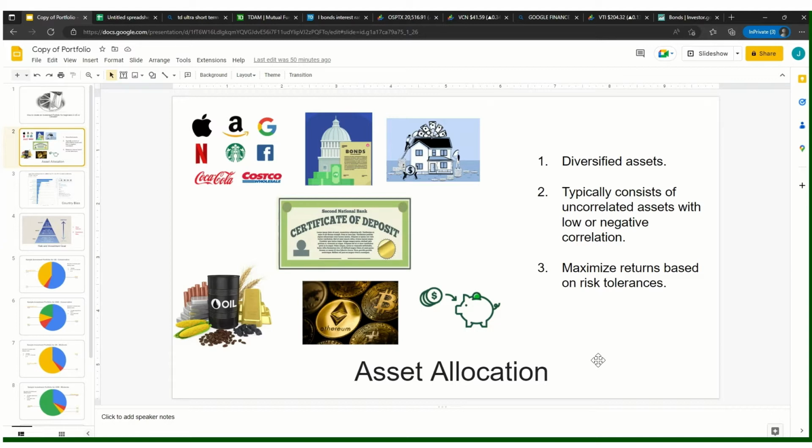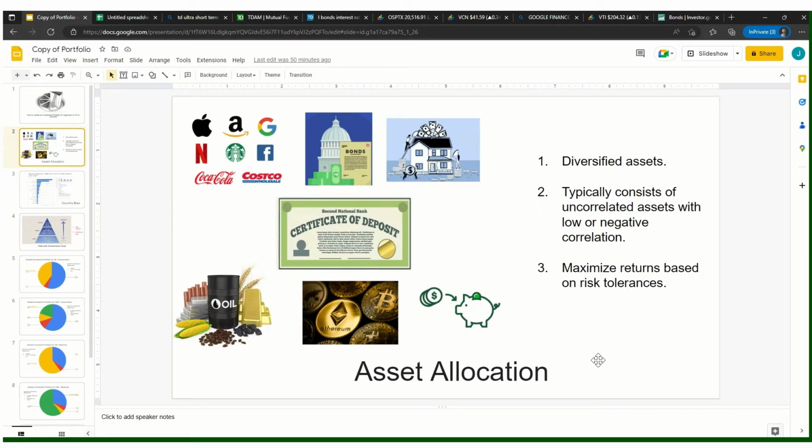That's the asset, and how you want to allocate, like how much percentage you want to allocate to one investment vehicle versus another, right? So there are three key concepts when it comes to asset allocation.